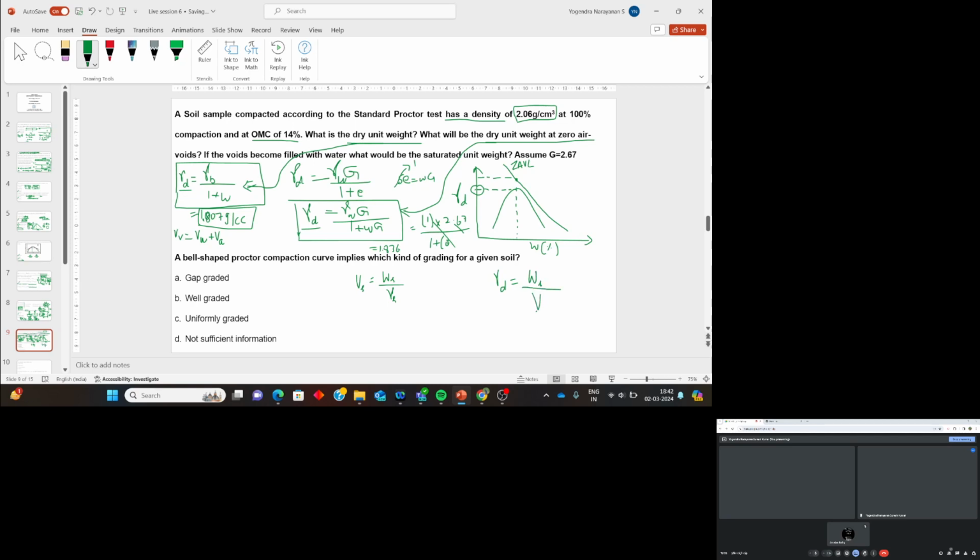Let us consider the total volume as 1 cc. Now we have to find Vs. You know that gamma dry is 1.807, and gamma S, how will you compute? Gamma W into G. How much are you getting?